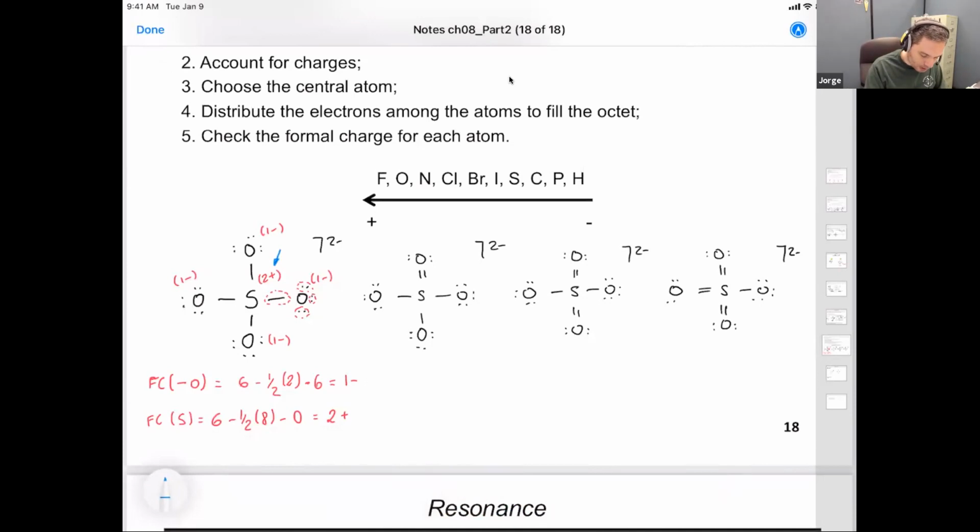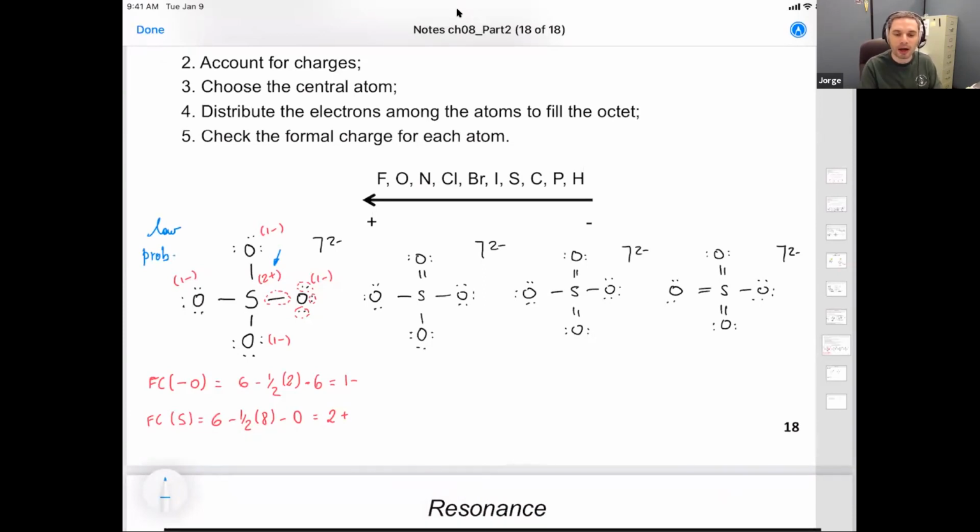Therefore, this structure has low probability to happen, okay? Because of the double charge localized at the sulfur atom, the first structure has low probability to exist. So now let's move on to the second possibility and let's do the same thing.